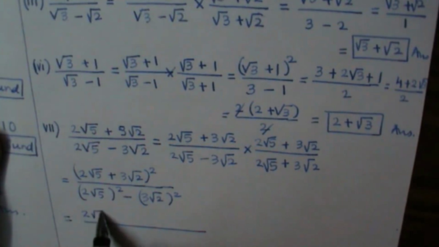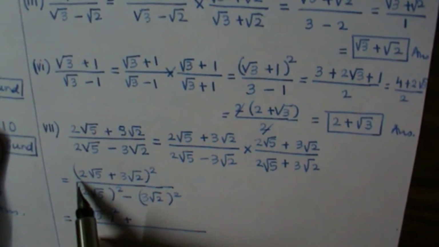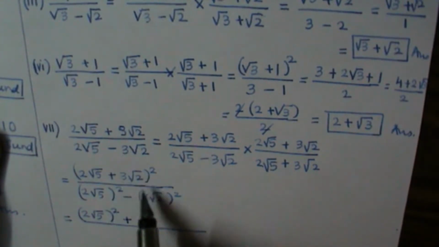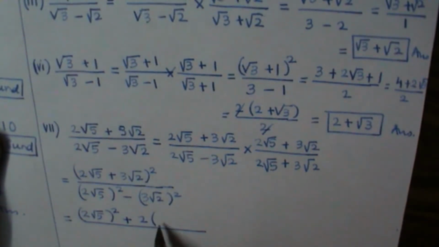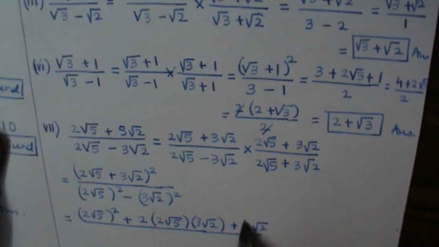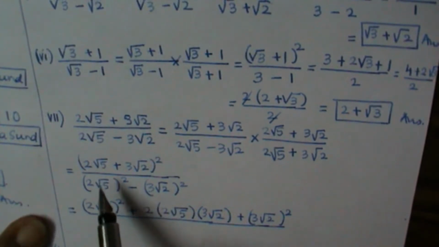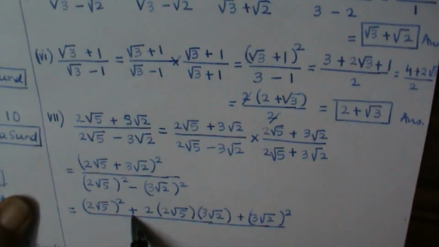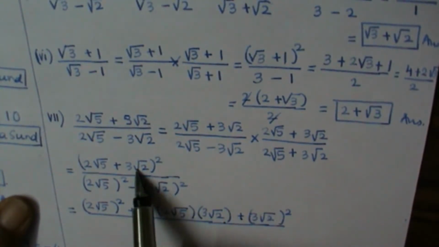It will be 2 root 5 whole square, go slow, plus 2 into ab, that is 2 into 2 root 5, and here 3 root 2, and plus b square, so double check: a square plus 2ab plus b squared.